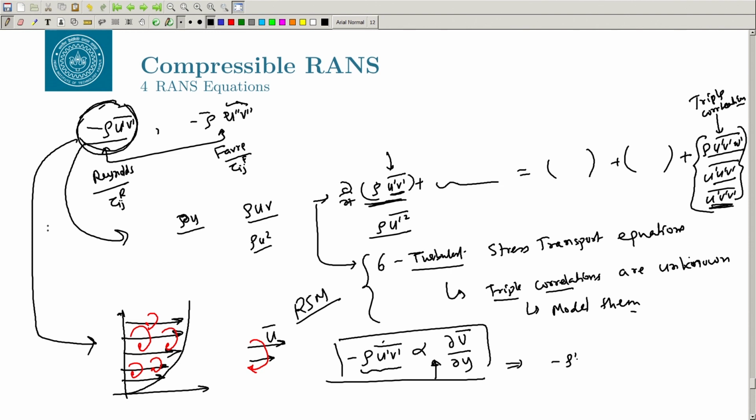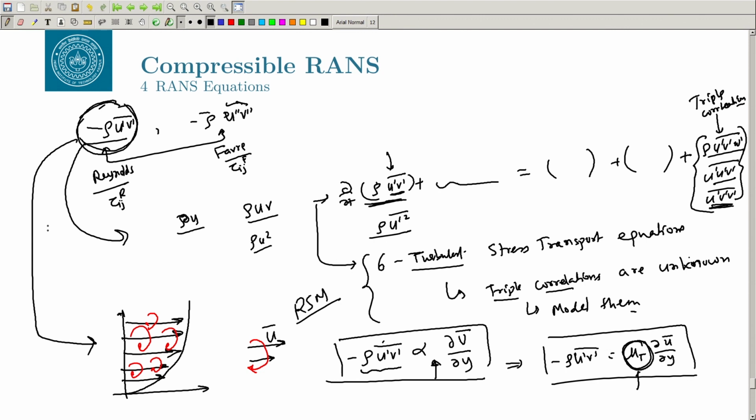So, minus rho u prime v prime bar is equal to mu t del u bar by del y. We had 6 unknowns, and we have actually changed all the unknowns to just one variable, which is mu t.